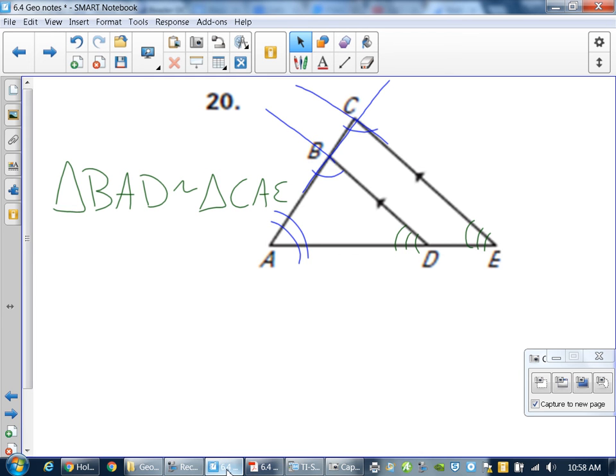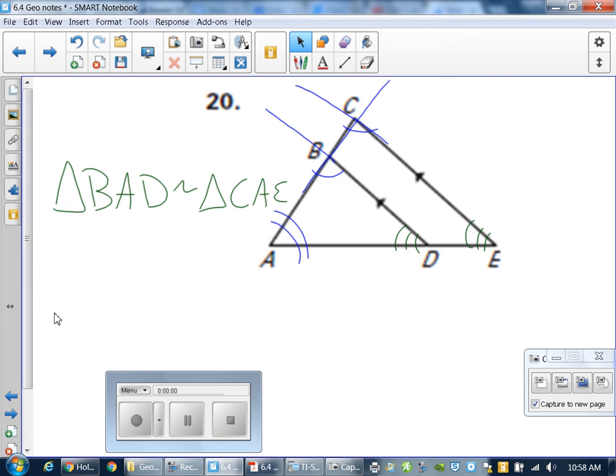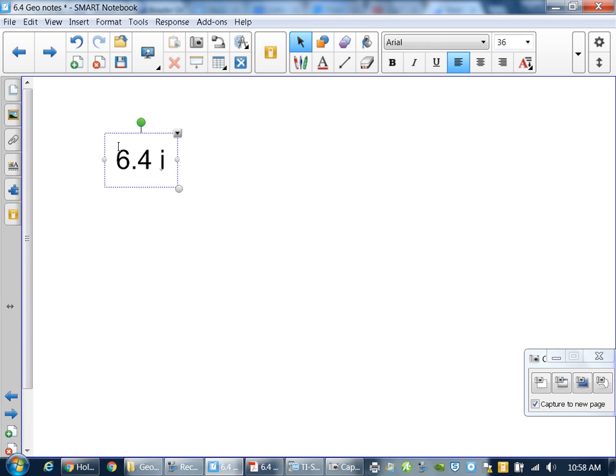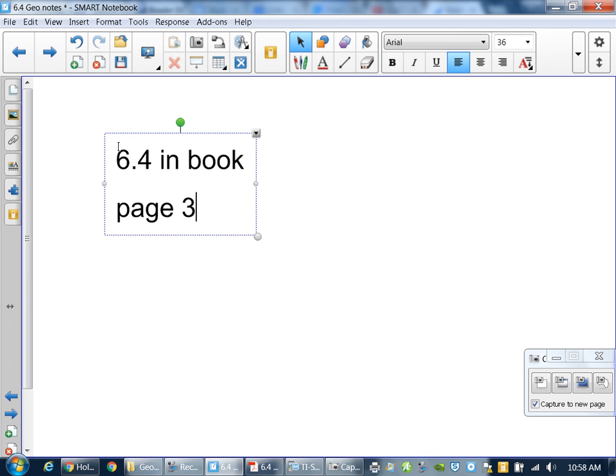What I have you guys working on tonight, I'm giving you a couple minutes to start up. So this is 6.4 in the book. I believe it's 3 through 12.